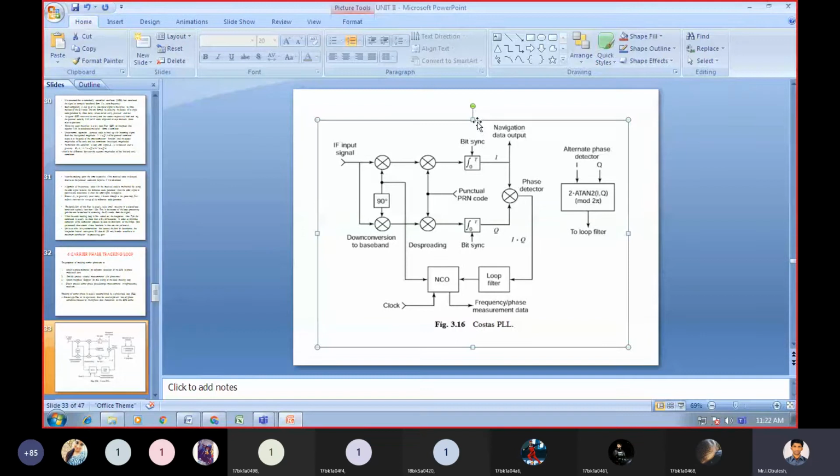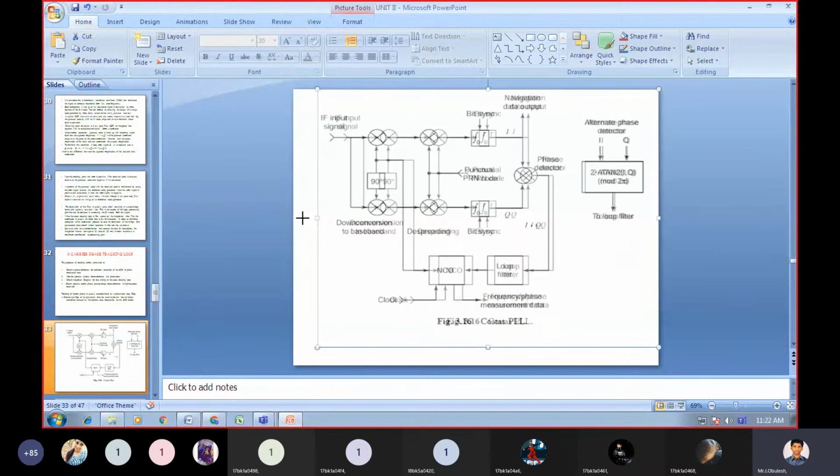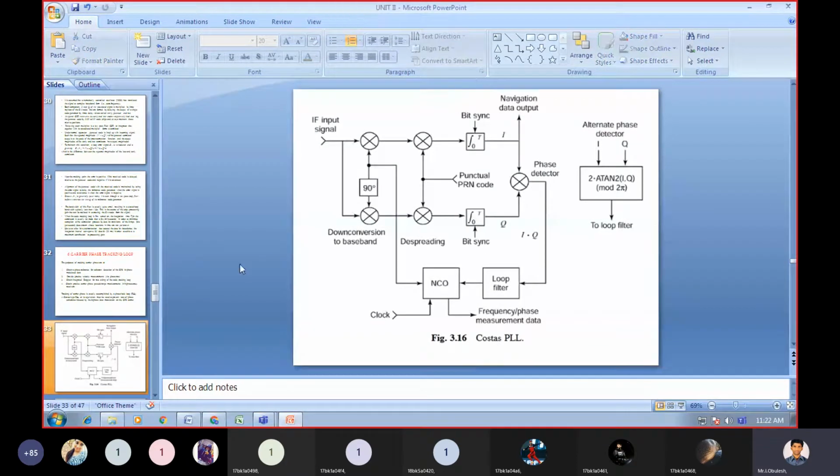NCO is the numerically controlled oscillator, you have to remember that.